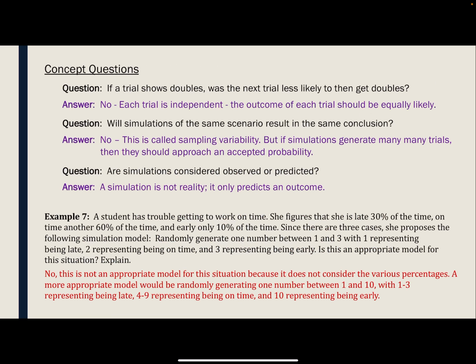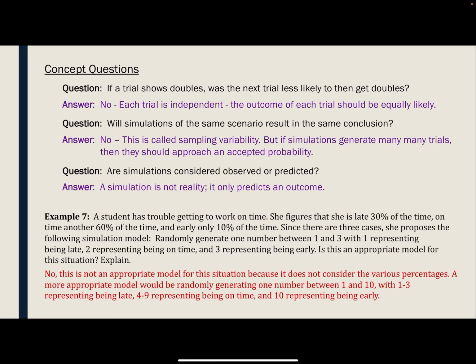So some concept questions. If a trial shows doubles, and I'm referring to the last example, so say I roll doubles, is the next trial less likely to get doubles? So if I roll doubles 4 times in a row, am I less likely to roll doubles on the 5th time?